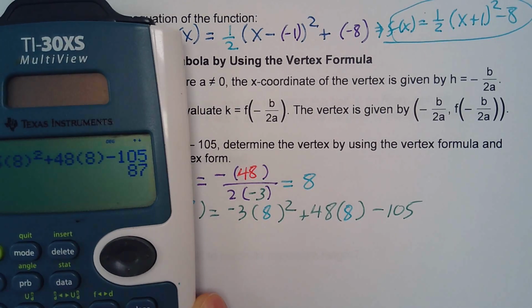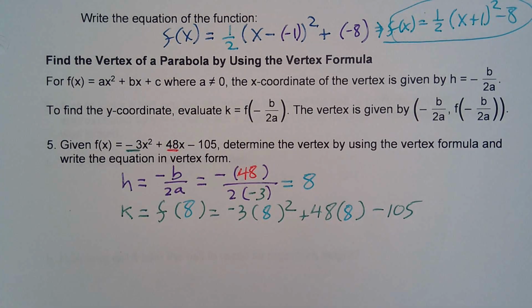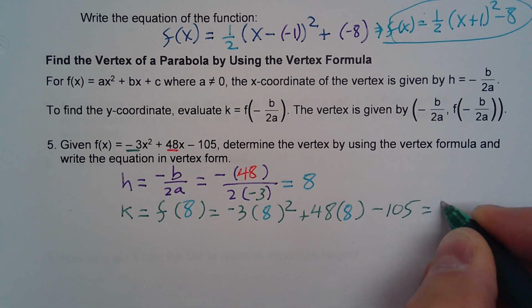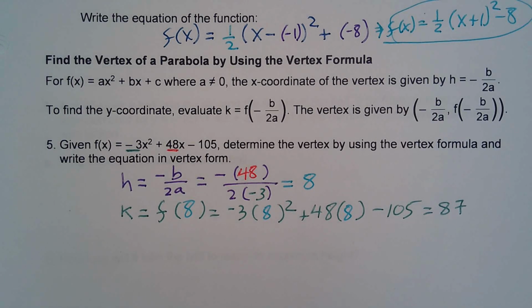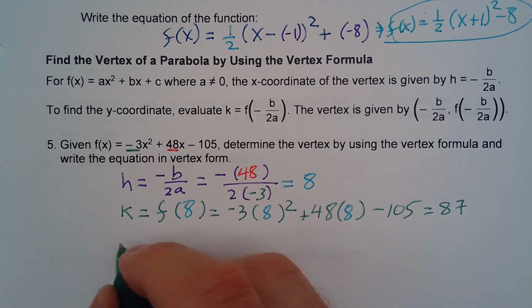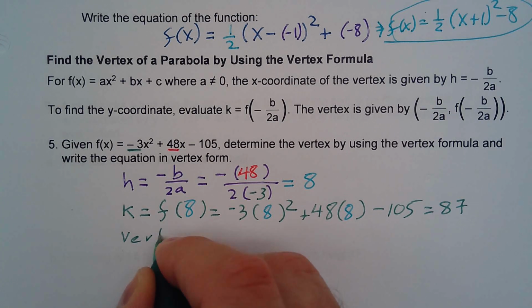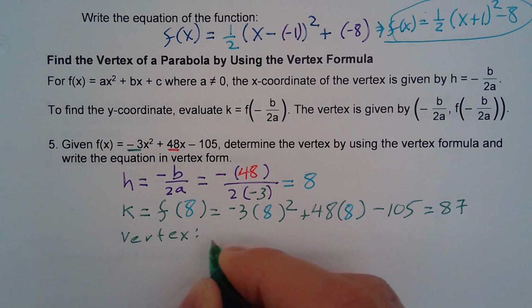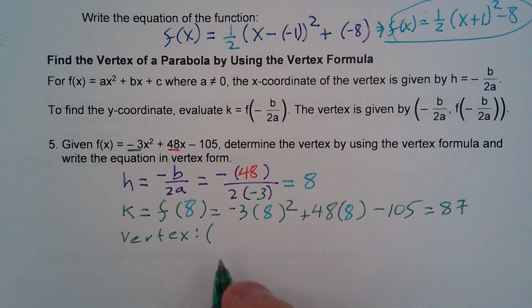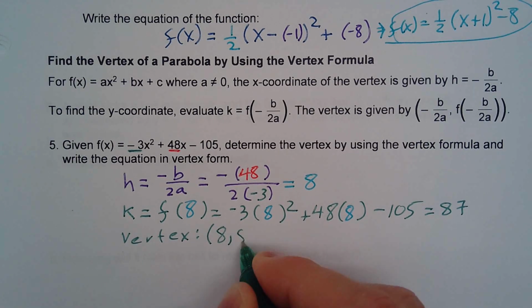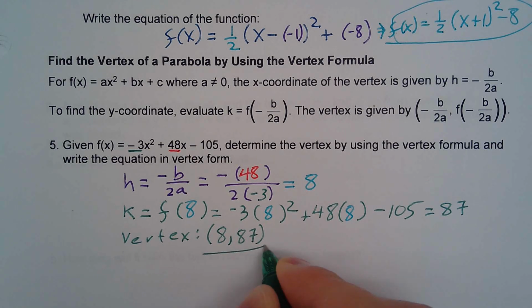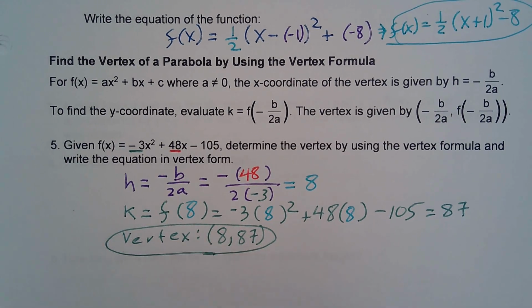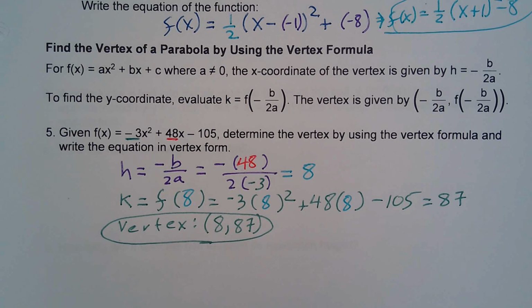So that gives us 87. So our vertex is (8, 87).